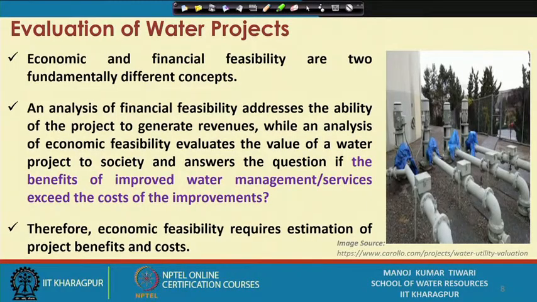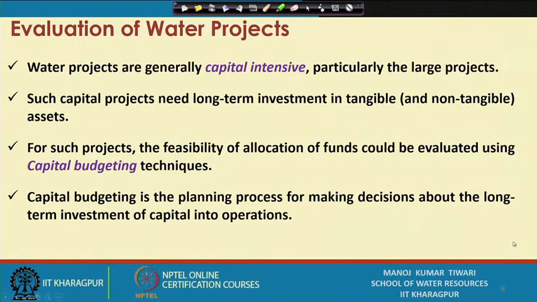However, as we discussed earlier, incorporating externalities for the purpose of economic analysis is not an easy task. So, economic feasibility requires estimation of the net project benefits, which is the project benefits minus project cost, in overall social and environmental terms as well. That includes the financial as well as social benefits and costs and environmental benefits and costs.